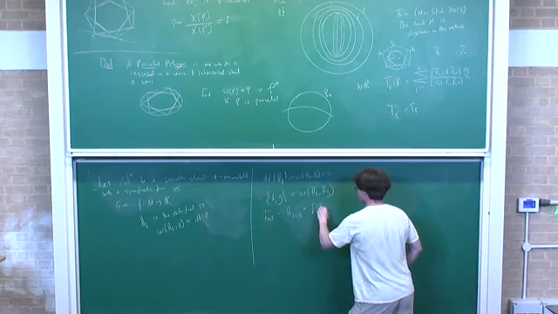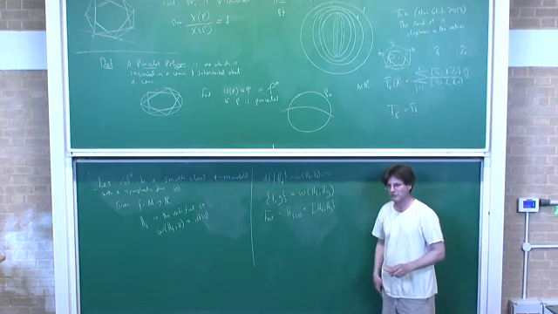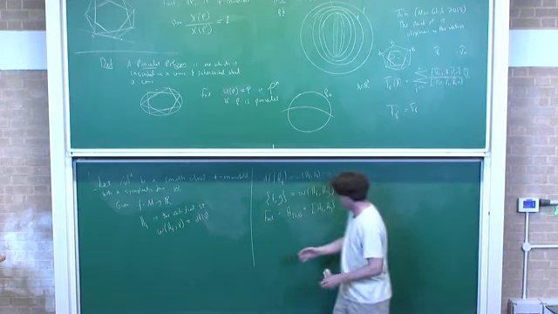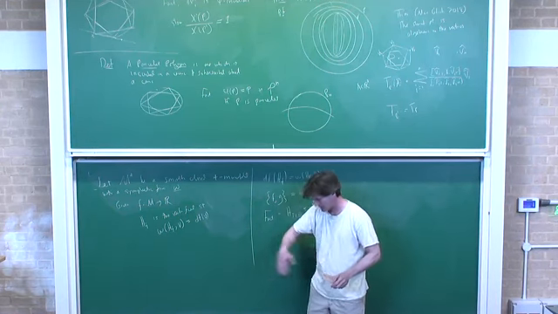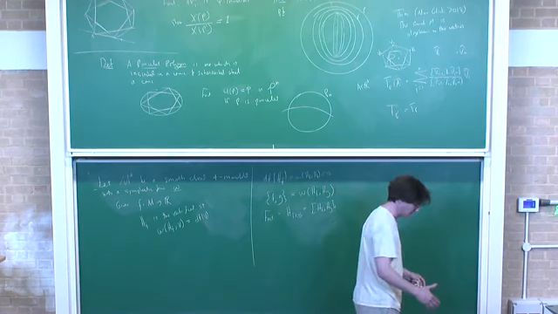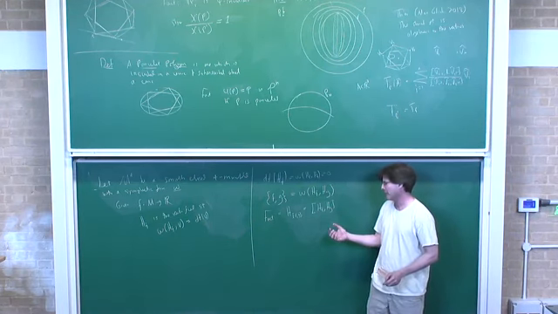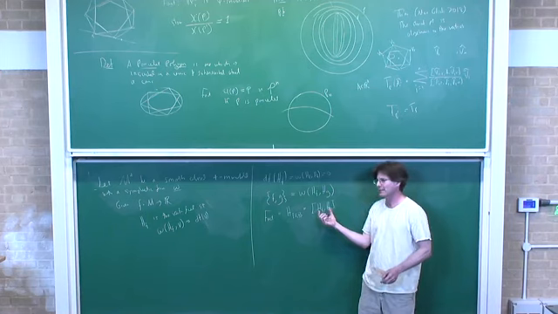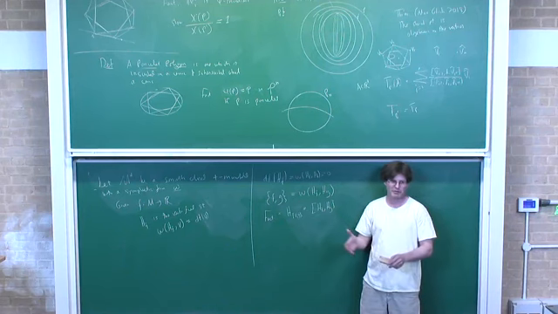So if you have two vector fields, you can always take their Lie bracket. And what that means in terms of flows is that it's basically the commutator. So if you flow for time epsilon in the f direction, then for time epsilon in the g direction, then for time epsilon in the inverse f direction, and then the inverse g direction, and then you divide by epsilon squared and take the limit, that's the Lie bracket. In particular, if this thing is 0, it means the flow is commutative.